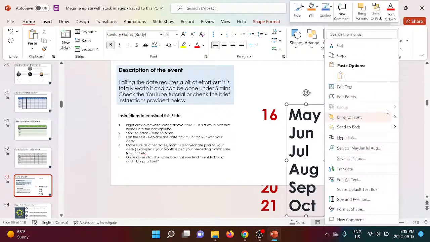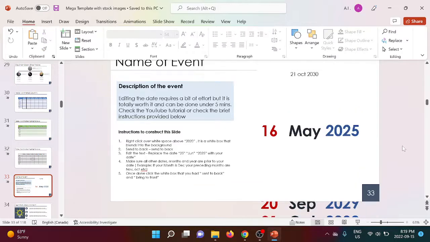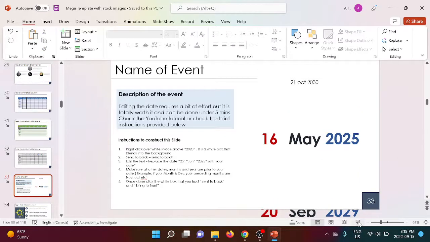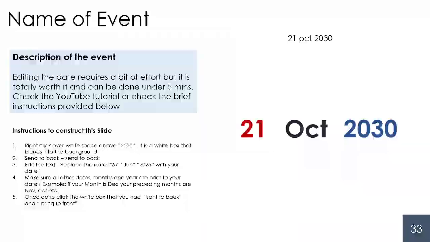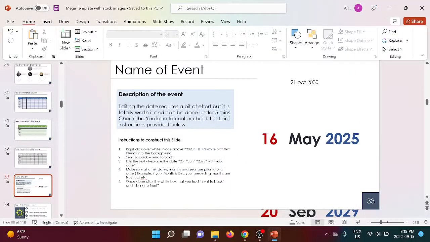and then right click, send to back. Right now, if you scroll, you should get 21 October 2030. So just make sure the bottommost line is the date you want, and everything above that will be in descending order.